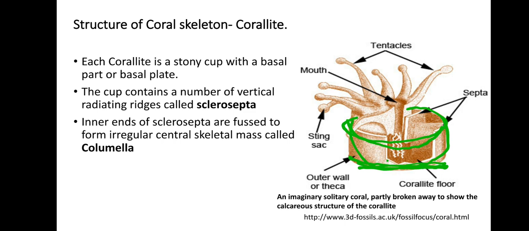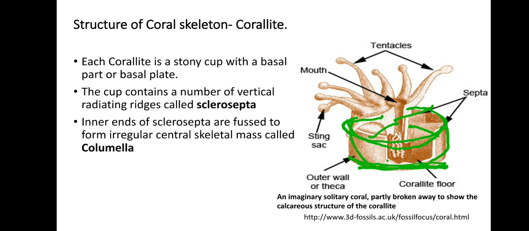Then this theca, the wall, also shows cross walls which radiate towards the center. These are called septa. The cross walls come from the peripheral outer wall and move towards the inner central portion.